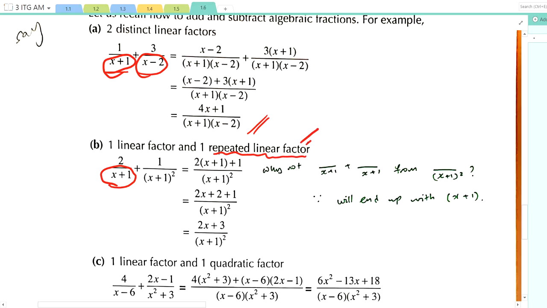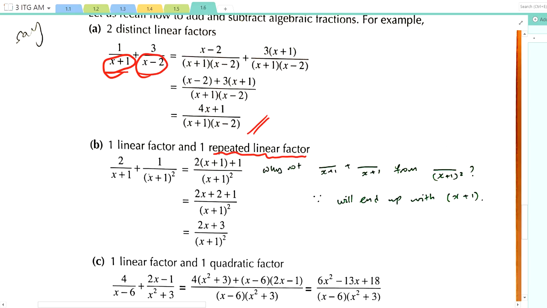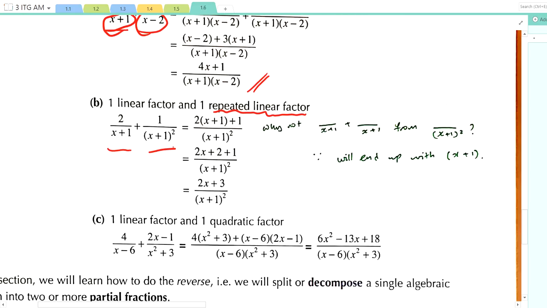Okay, what does repeated linear factor mean? In this case, it is referring to our x plus 1 squared. Why do they call it repeated? Because if we rewrite it, it becomes x plus 1 times x plus 1. These are repeated linear factors. Okay, so here, if these two fractions are added together, the lowest common denominator will be x plus 1 squared.